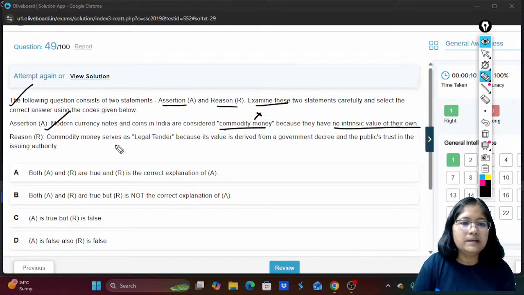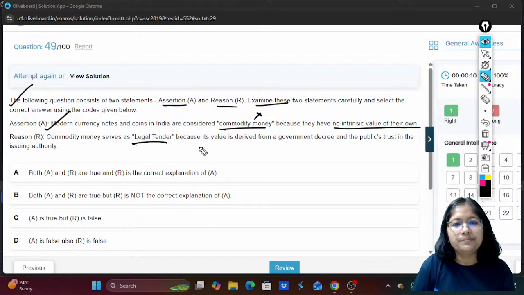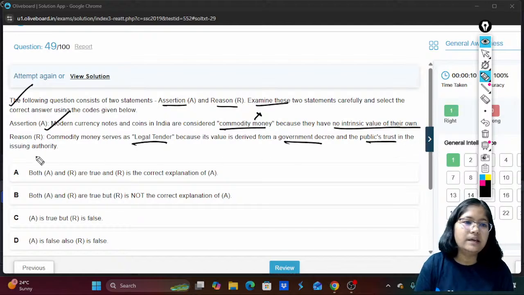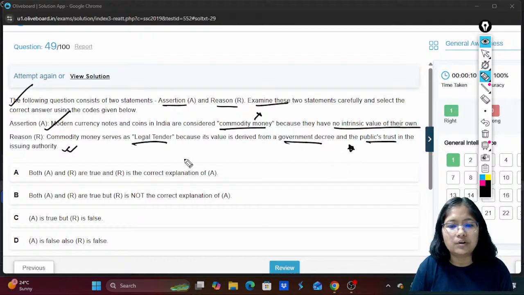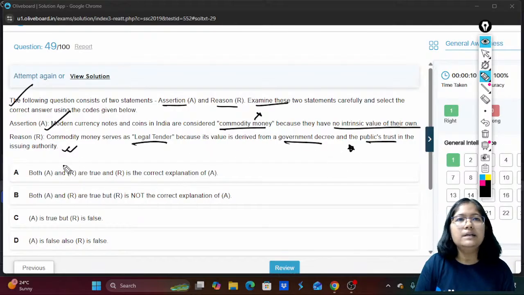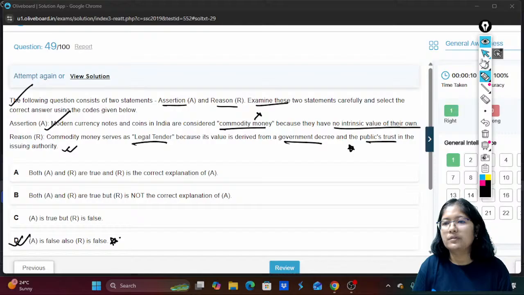Then commodity money serves as legal tender because its value is derived from a government decree and the public's trust in the issuing authority. So this is currency, all right, but both the statements are not correct. So A is false and R is also false.